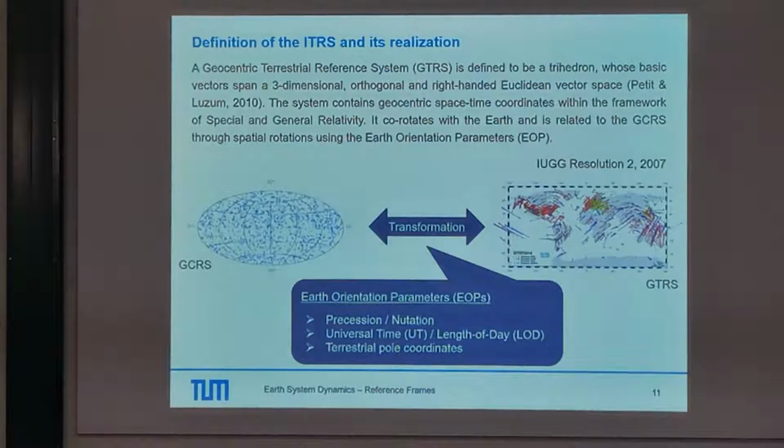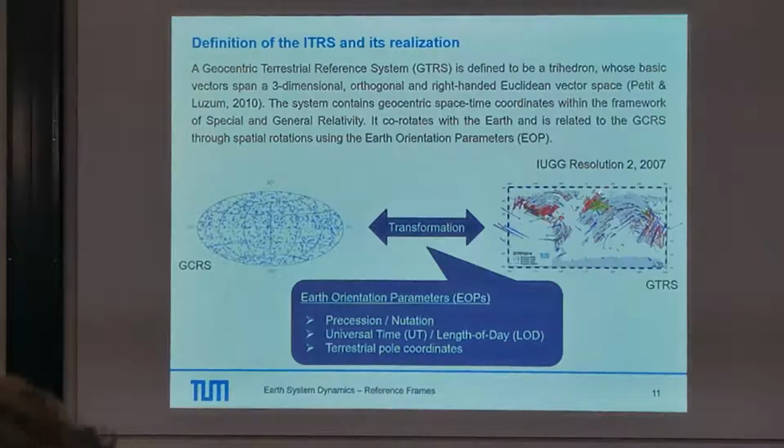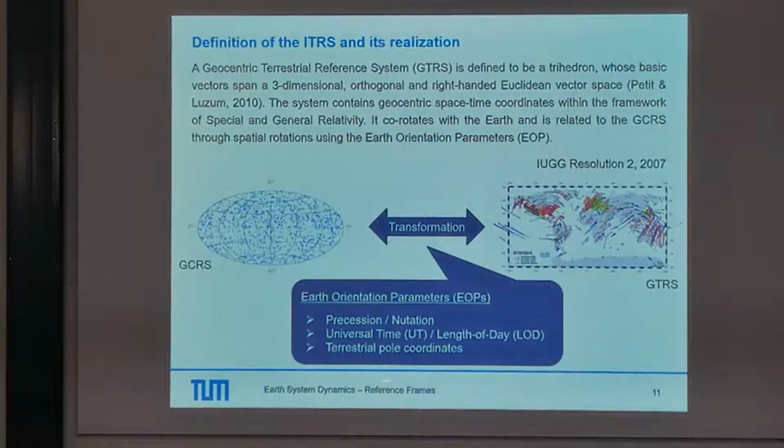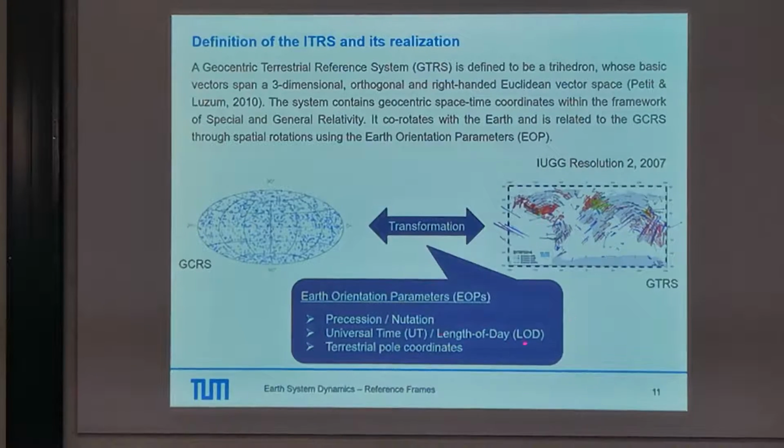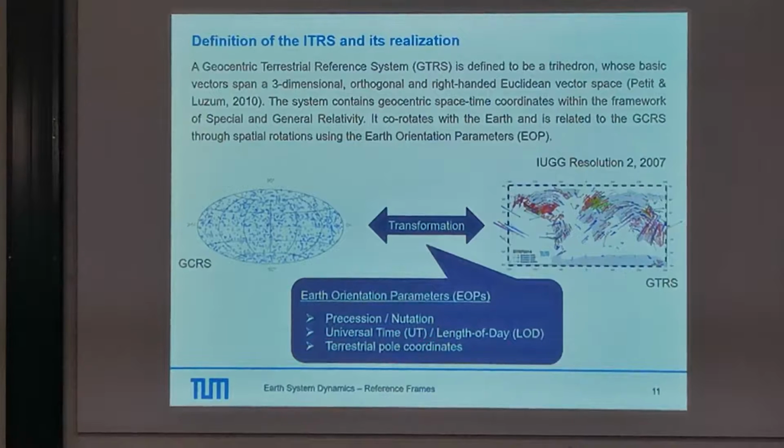So that's the drawing. We have the GCRS on the one hand side, which comprises two-dimensional coordinates of extragalactic quasars. We have the GTRS on the other side, where you see the different points and some motions of these points, and in between we have the Earth orientation parameters, which consist of precession, nutation, universal time, length of day, and the terrestrial pole coordinates.